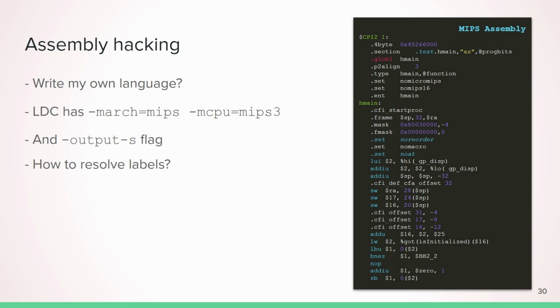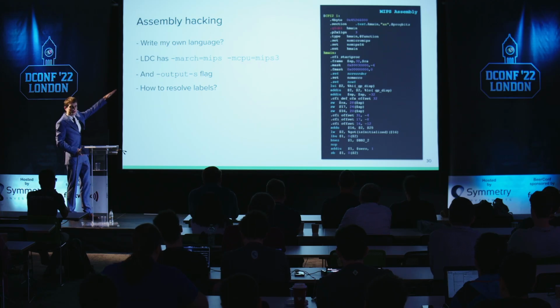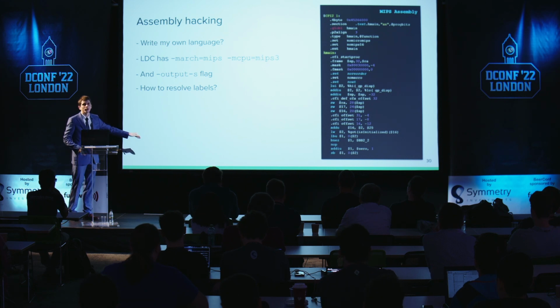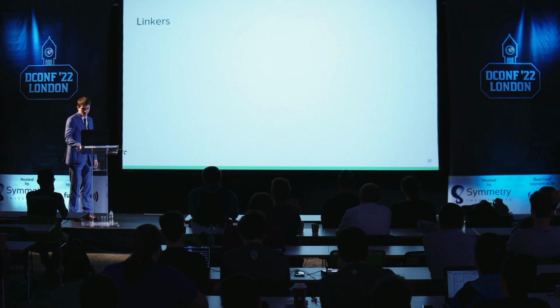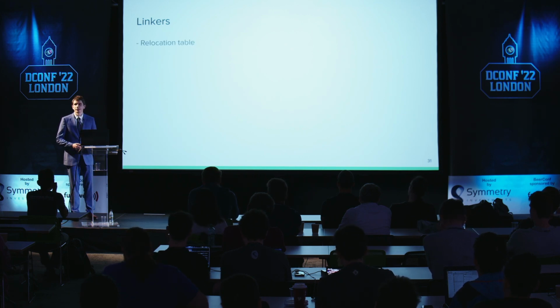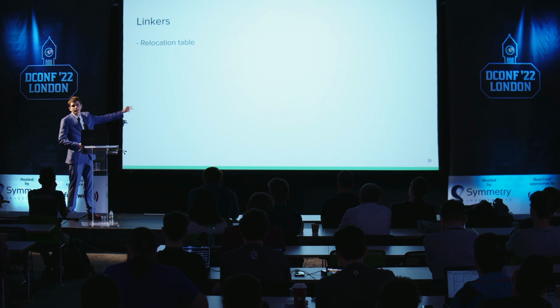But I found a bit of a problem with the labels, because sometimes an instruction says jump to this label, but the label is defined further down the line, and you don't know the address of that label yet until you get there. So after reading up a bit about solutions, I found out that this is a job that the linker usually does. The linker has this relocation table, which is basically just a list of to-do lists where it says, I wrote 0 for now, but after linking, go back and put in the actual address over there.